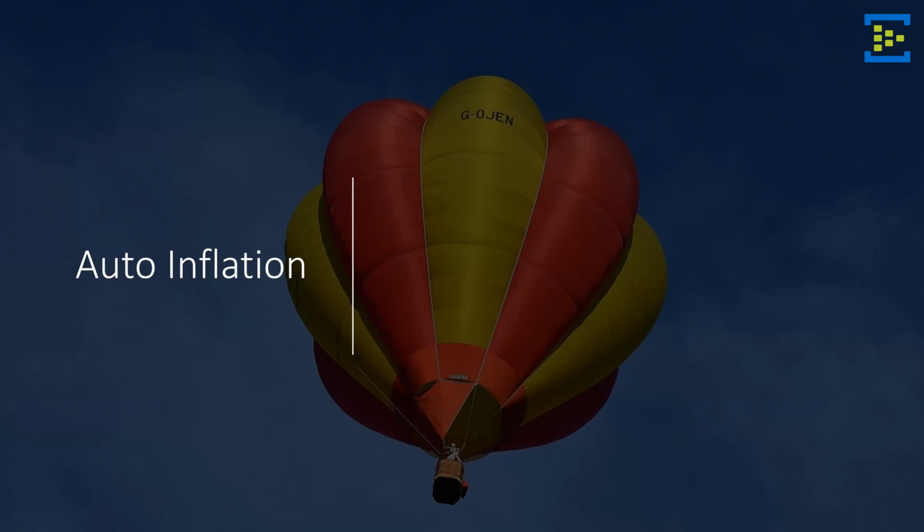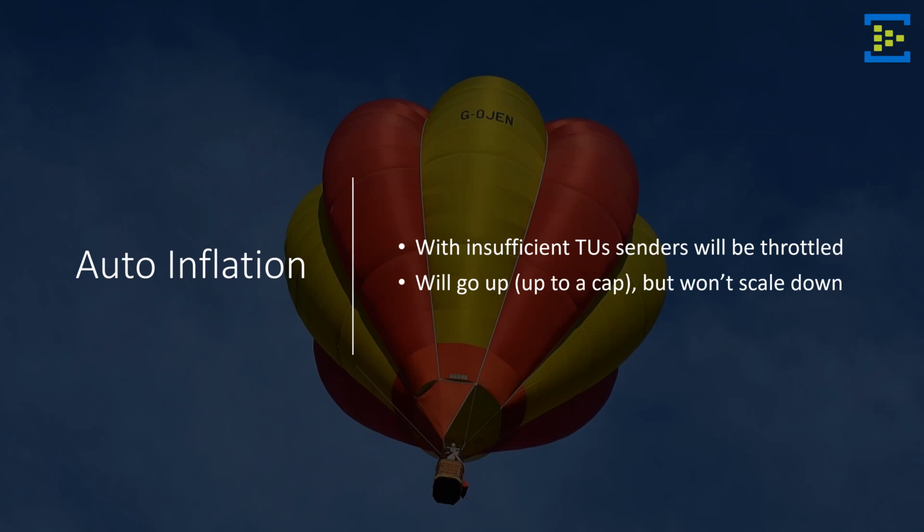Now, this is not auto-scaling, and it's called auto-inflation on purpose, because with insufficient throughput units, senders will be throttled, right? With auto-inflation turned on, the throughput units will be increased up to a defined cap, which you have to define yourself. But those throughput units will never be scaled down if the ingress is falling down, for example, right? That's why it's auto-inflation and not auto-scaling.